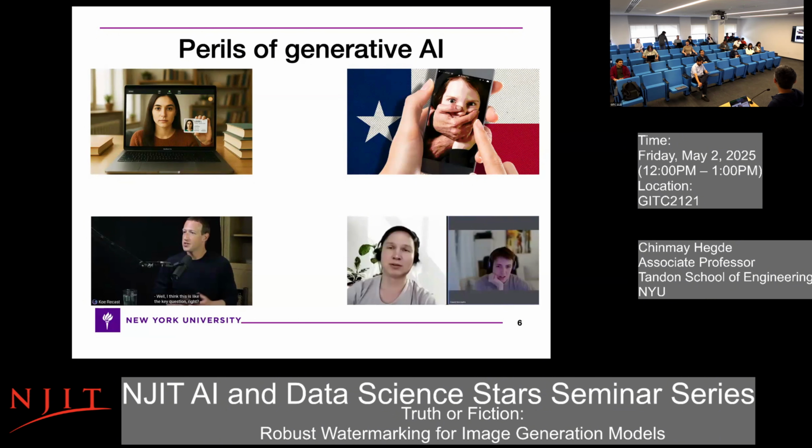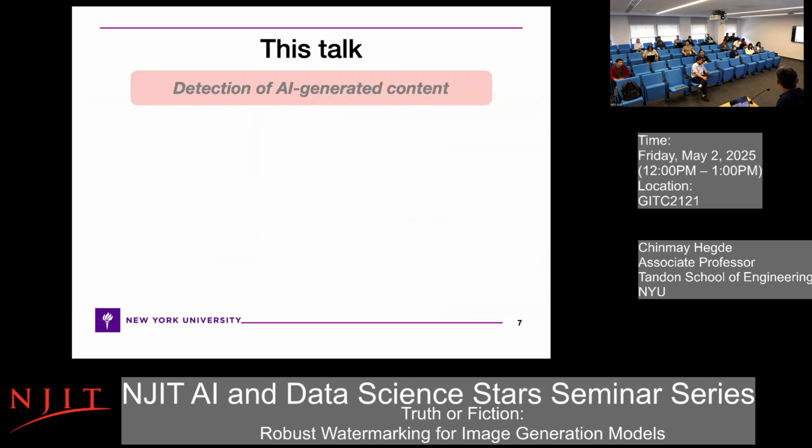And how in a world where we want to protect both the users of these tools, but also the makers of these tools from various legal issues and so on. So that's what I'm going to spend the remaining half an hour or so on. Talk about methods to detect AI-generated content. Like how do we distinguish truth from fiction, real from fake? And there are different ways of doing this.